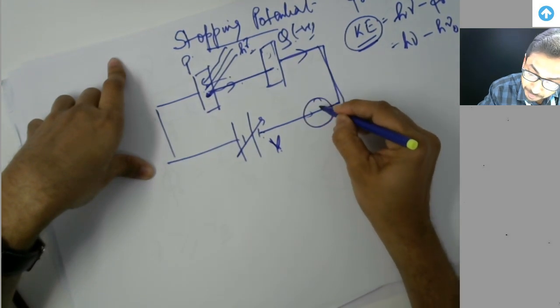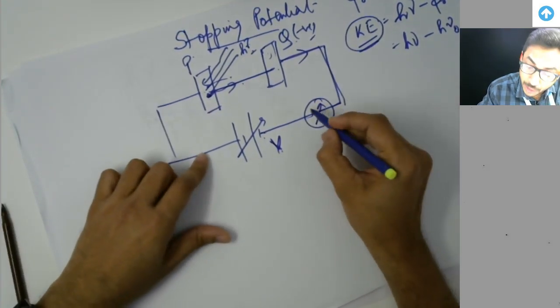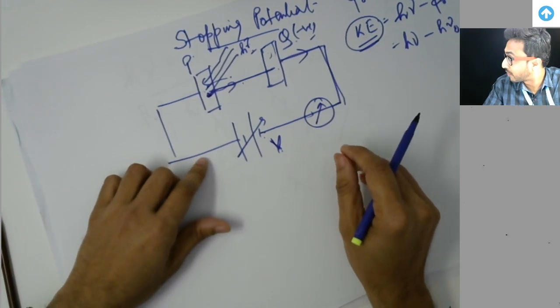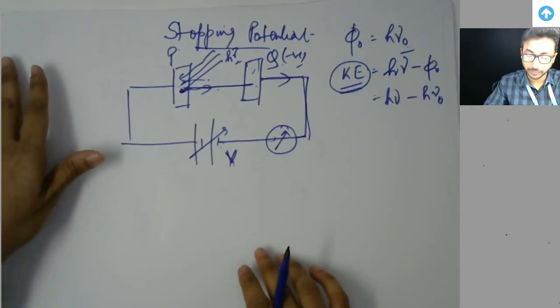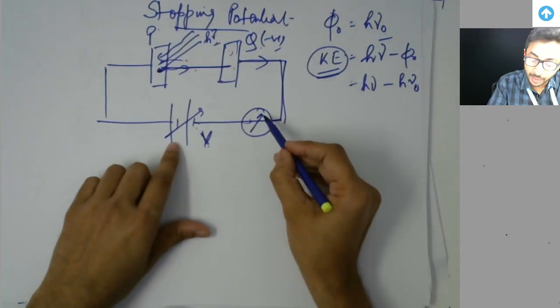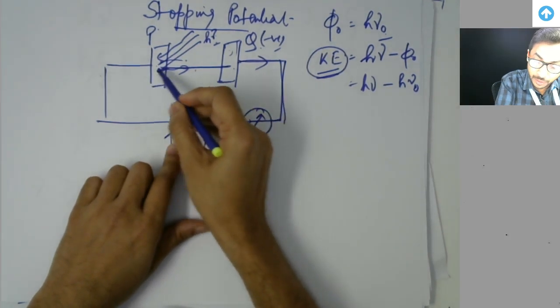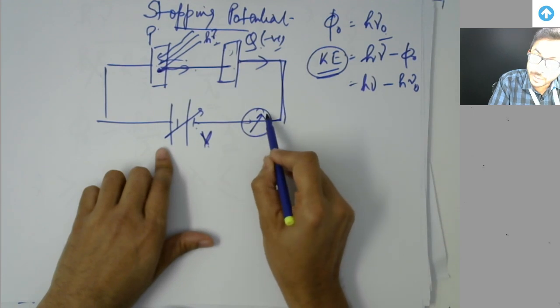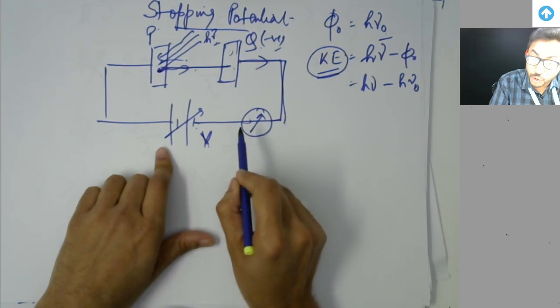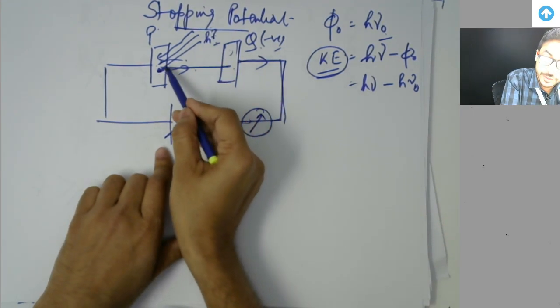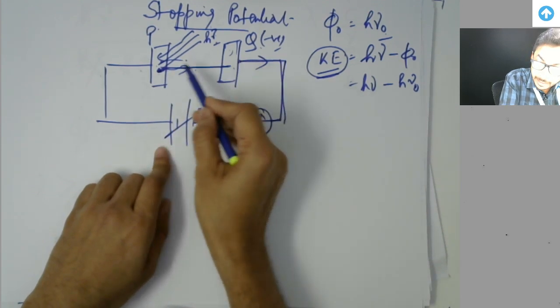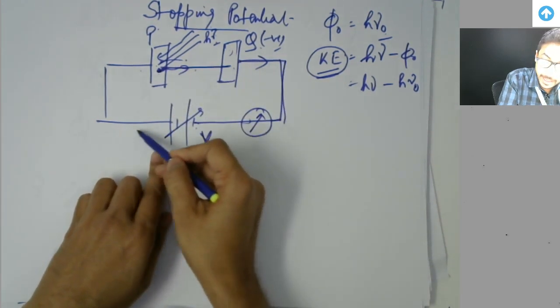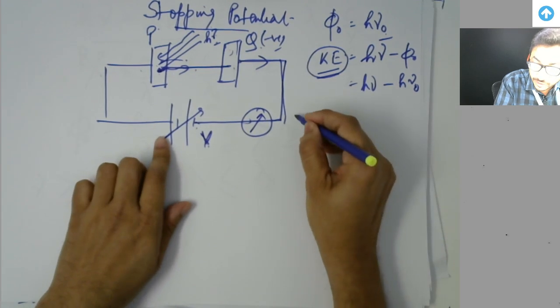So if you place a galvanometer in this, we will see a deflection in the galvanometer. So when the electrons are moving through this, the galvanometer will show some deflection. It means that because of these photons, the electrons are forming a photoelectric current.